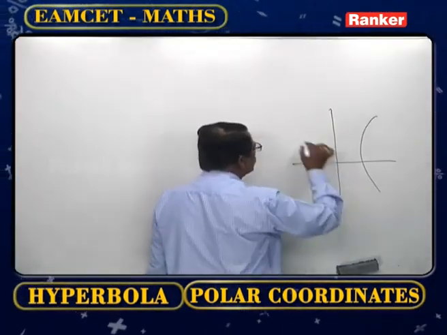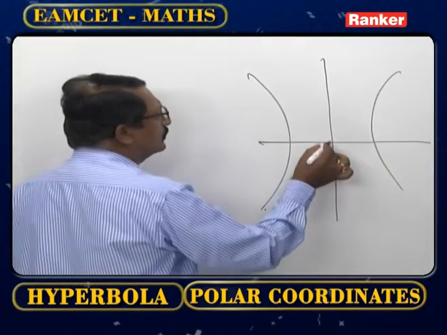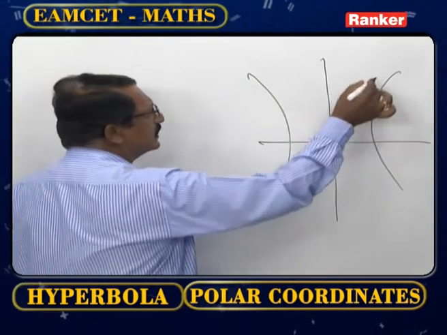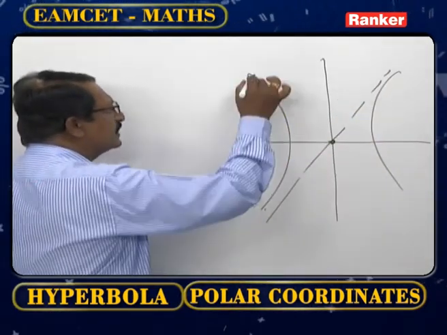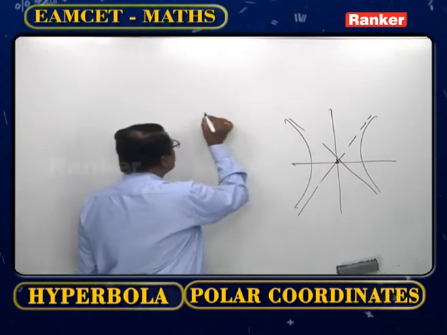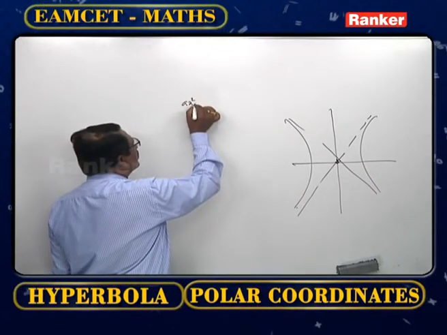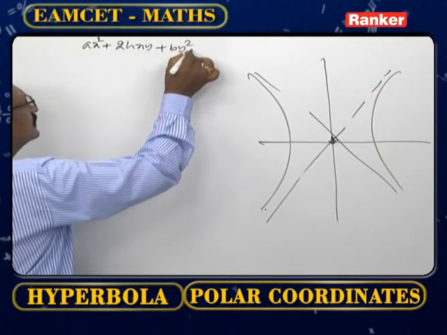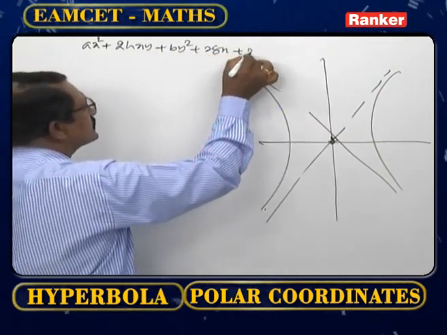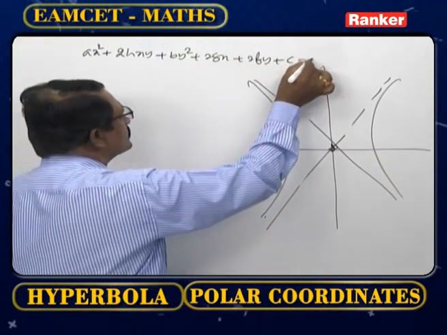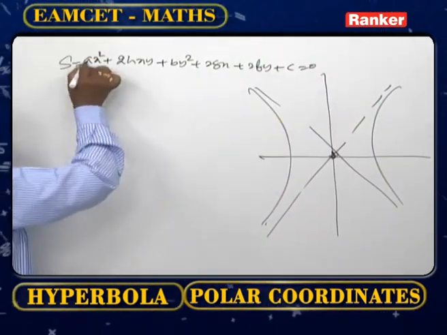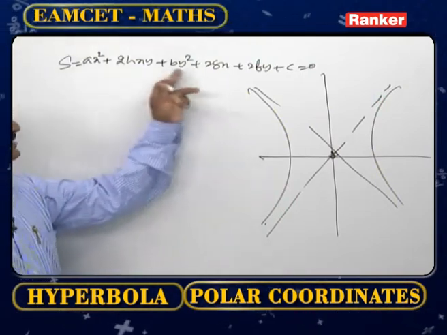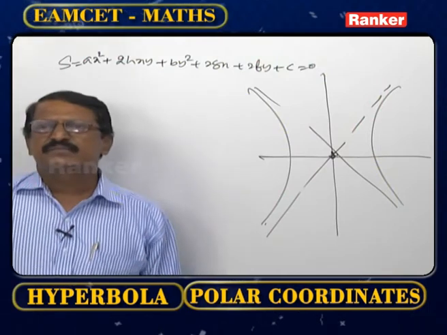Suppose the transverse and conjugate axes of the hyperbola are not the coordinate axes. In that case, the hyperbola equation is the second degree general equation ax square plus 2hxy plus by square plus 2gx plus 2fy plus c equals 0. Consider the equation of the hyperbola S equals 0.